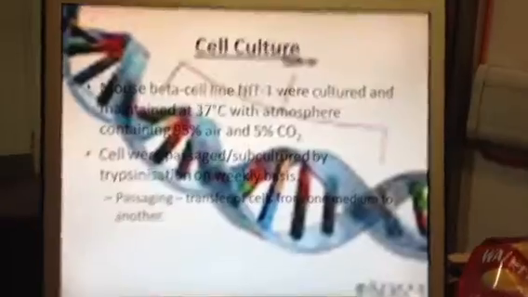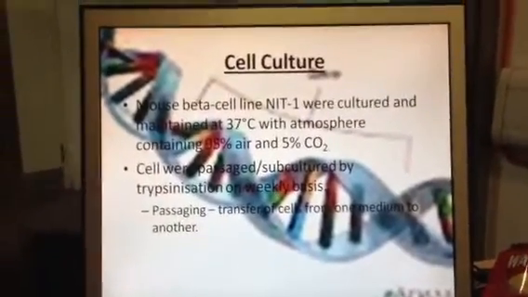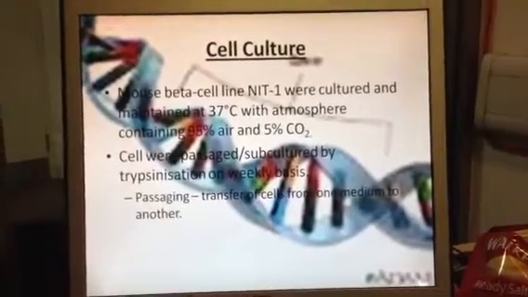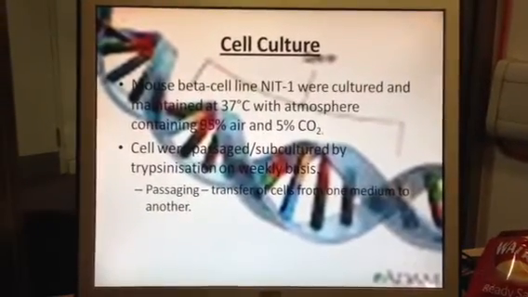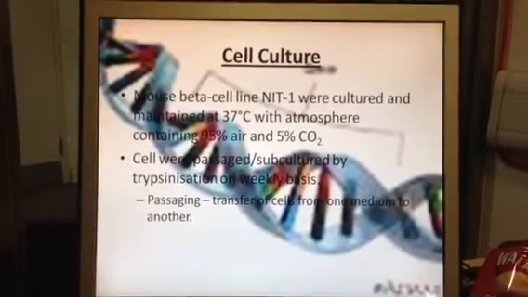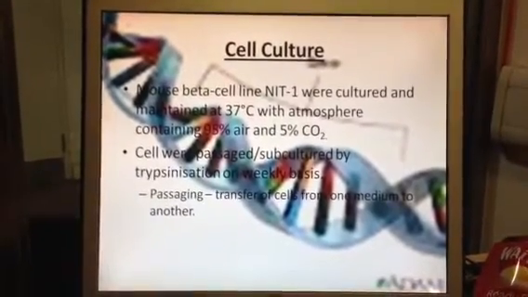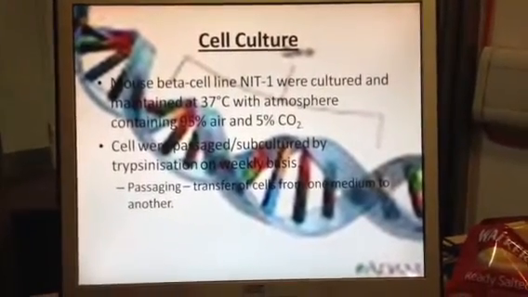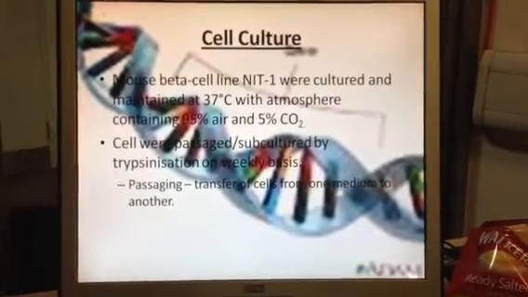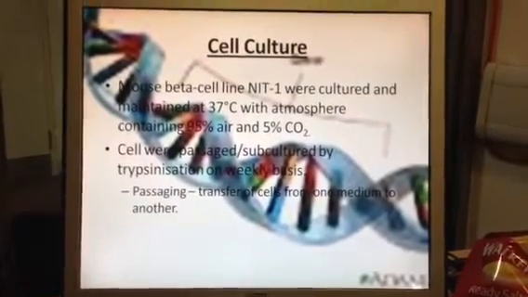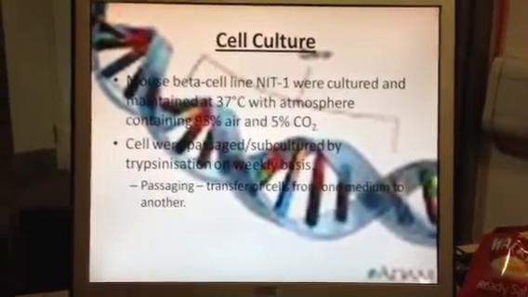Variations in growth conditions can result in different phenotypes. The cells were passaged by trypsinization and subcultured on a weekly basis. In subculture, passaging is the process of transferring cells from one medium or cell culture to another in order to produce a large number of cells.